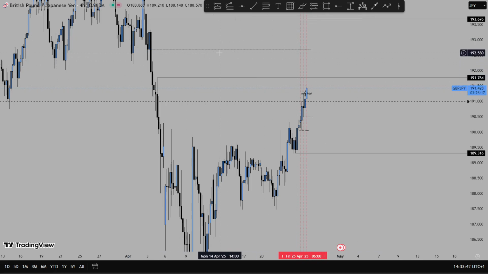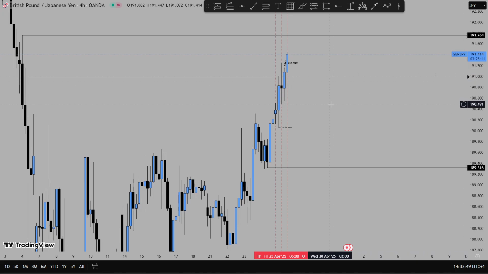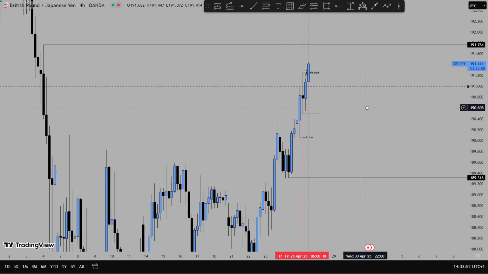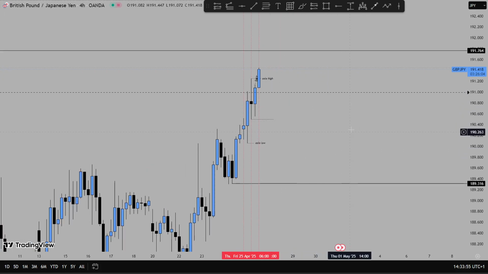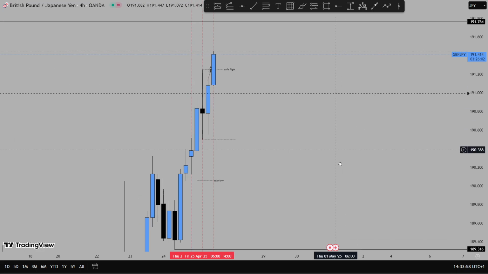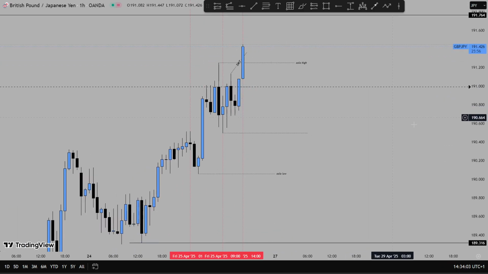It's still far off, but who cares? As you can see on the 4-hour, there is no good movement in the market, just uptrend without any retracement. We have these highs, these lows, and if we scale down to the 1-hour, we can see it better.